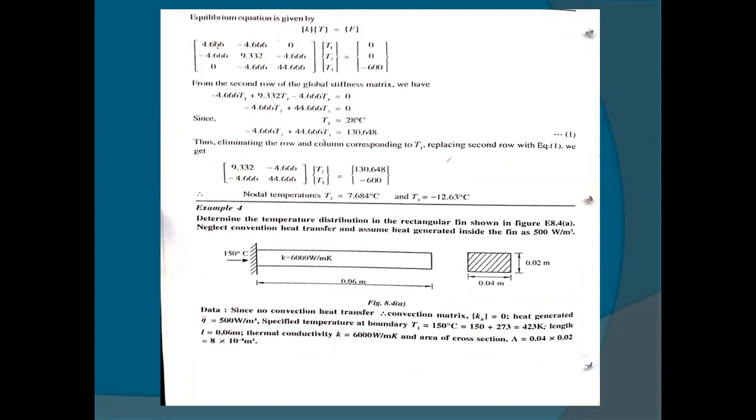That is your wish. Understood? Yes, sir. These are two similar problems, both convection and conduction. When you are eliminating, whichever temperature we know from the question, that particular row and column we eliminate, and the remaining temperatures we calculate.